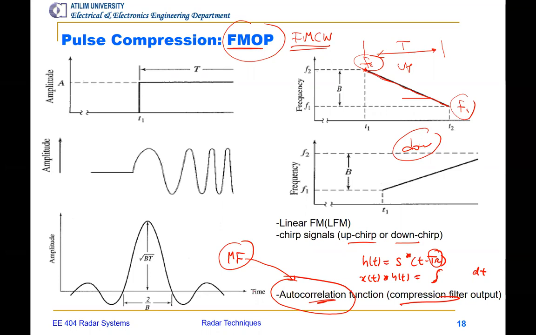In time domain, we would like to get a single peak, no side lobes. Theoretically, we'd like to get something like this, the ideal one. But in practice, it's not possible. We get side lobes. That's one of the biggest problems in detection.